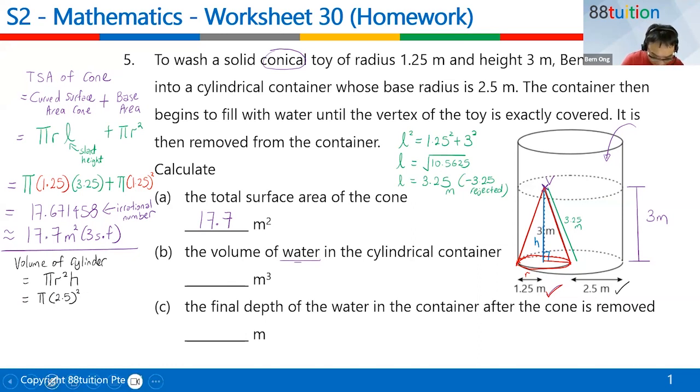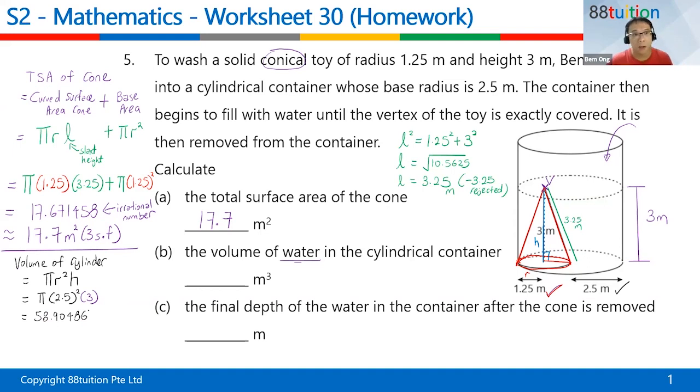And the height is 3 meter, because it pours until the vertex of the cone. The height of the cone is 3 meter. So we can press the calculator: pi times 2.5 times 2.5 times 3. Your answer will be 58.90486.